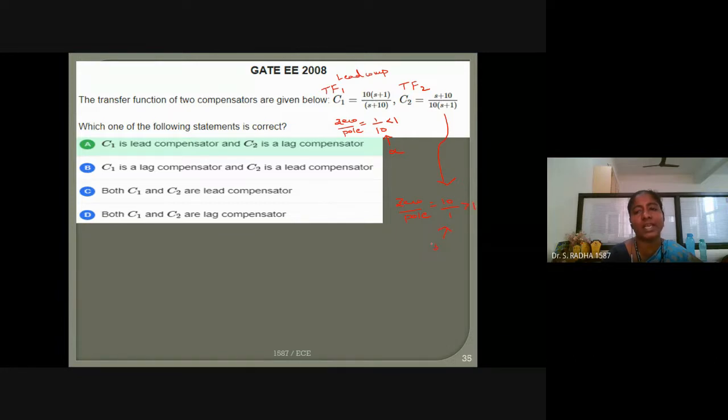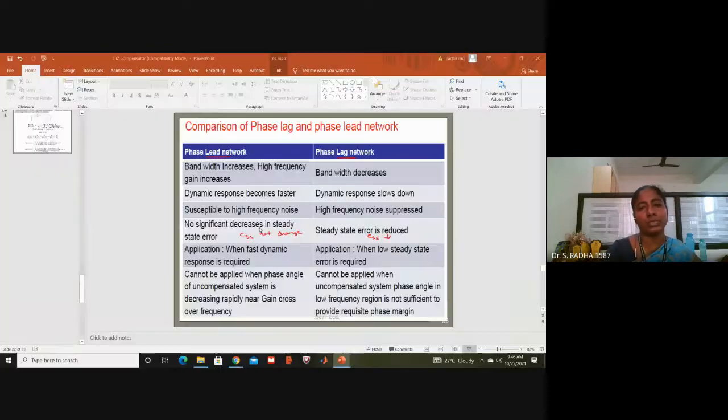This is the beta value, so the second one is a lag compensator. So C1 is a lead compensator, C2 is a lag compensator. Option A is the correct answer. This question was given in the GATE 2008 EEE paper.